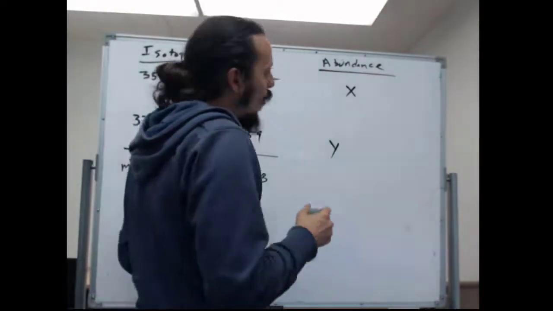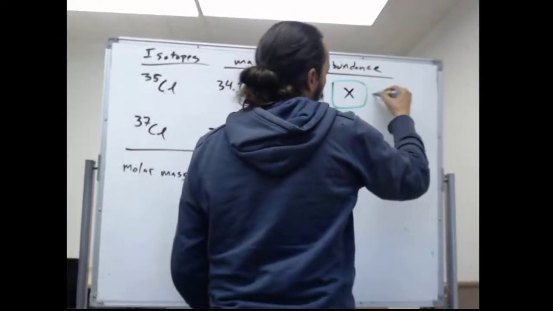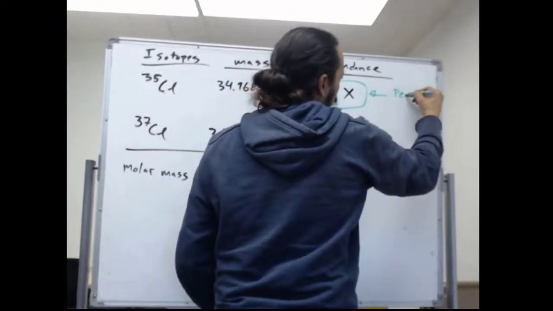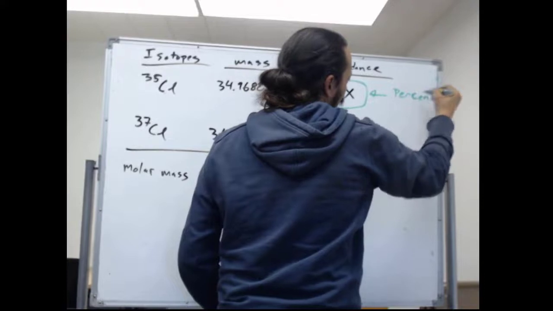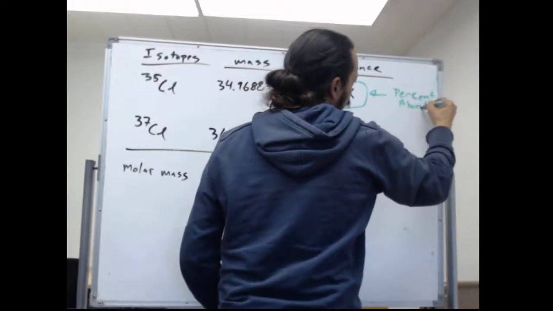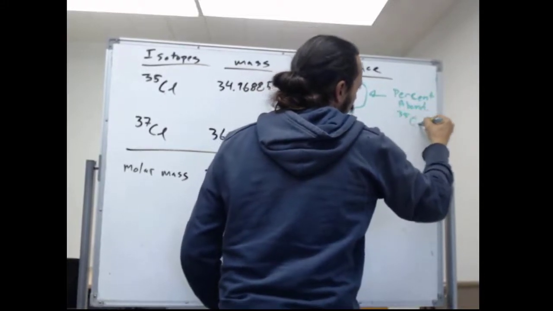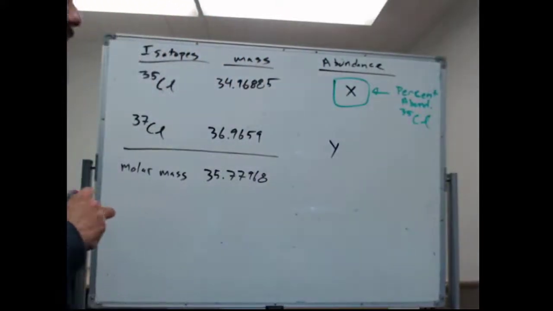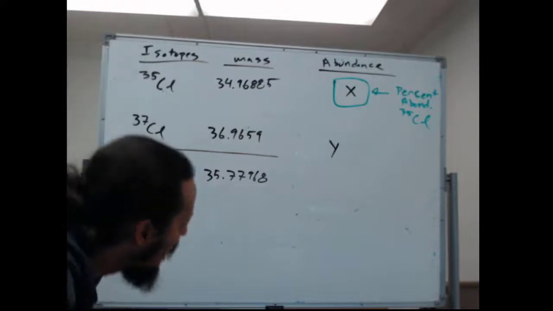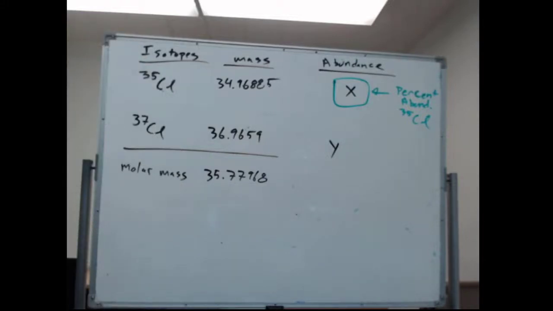It's asking for the percent abundance of chlorine-35. Now, what's the information that's missing?